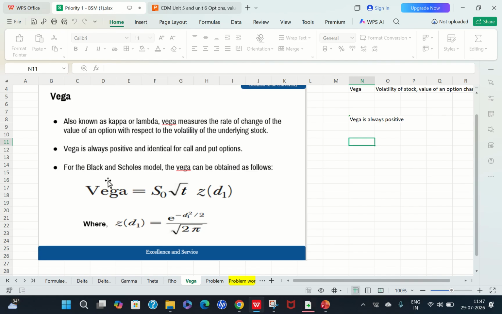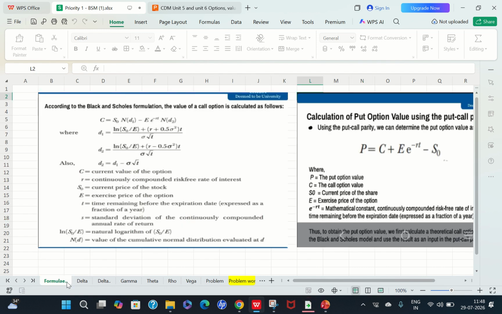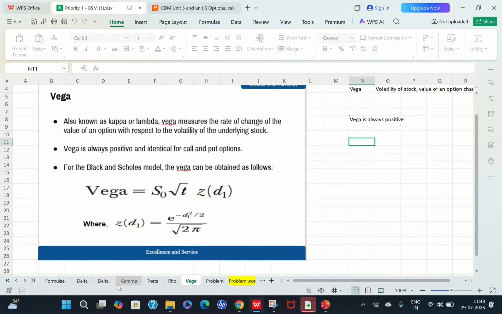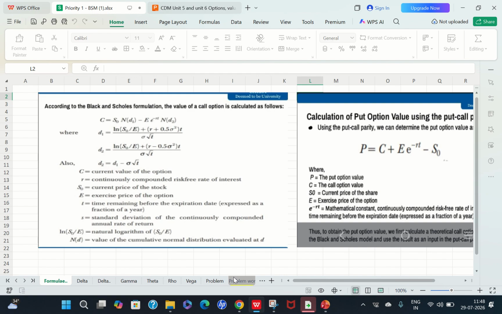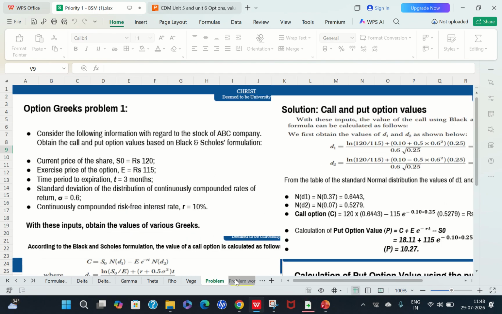So for the Black-Scholes model, Vega is equal to S0. What is S0? S0 is basically the current market price of the share. Current stock price of the share is called S0.